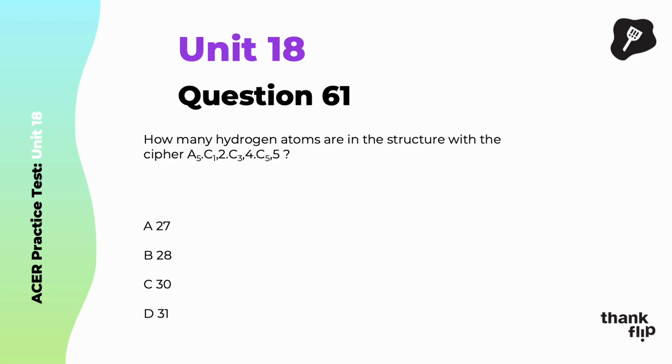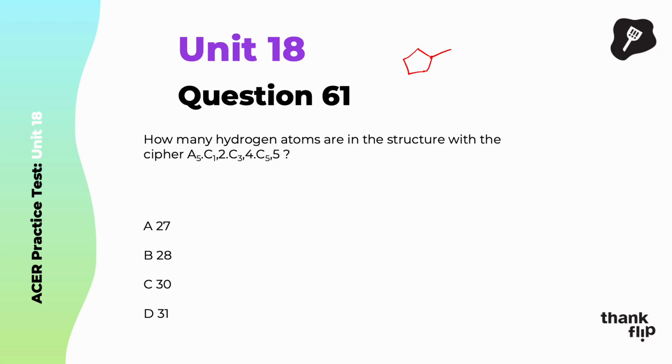Question 61 is asking us to do something similar to what we did for that previous question, which was draw out the structure and then count the number of hydrogens. So we're given the cipher here. Let's go ahead and draw this out. First of all, we have a 5-carbon ring. Then at position 2, we have a single carbon chain attached.